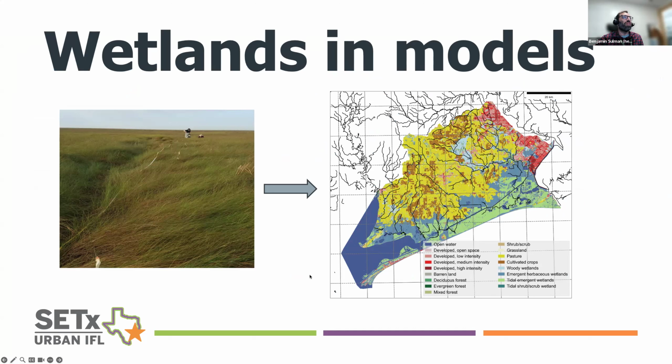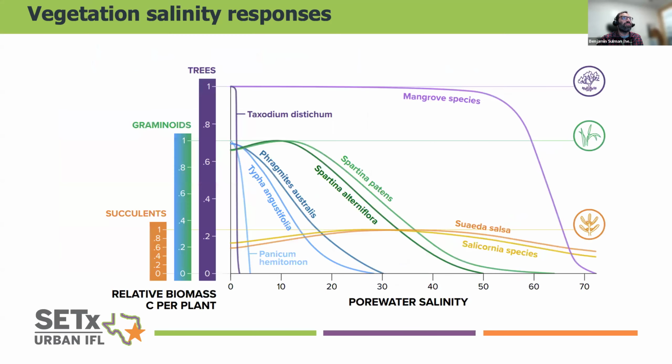We're interested in integrating this data that's being collected into land surface models and biogeochemical models that we can use to scale some of these insights up to more regional scales across this area, which includes this highly urbanized area around Beaumont and Port Arthur, but also these large areas of wetlands, both on the coast and also some river or forested wetlands further inland, which all kind of combine into the regional green and gray infrastructure of this area.